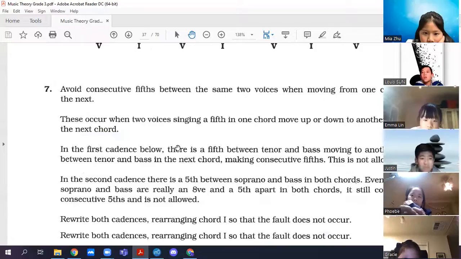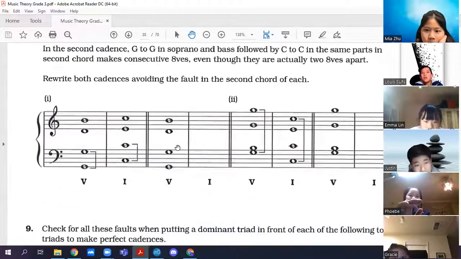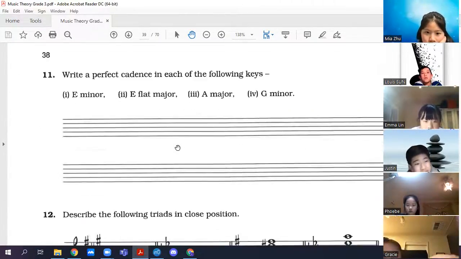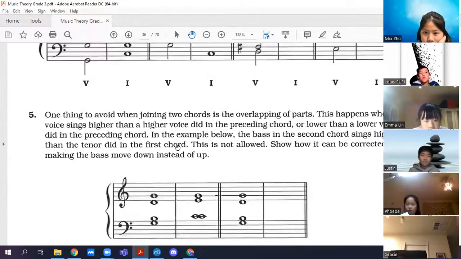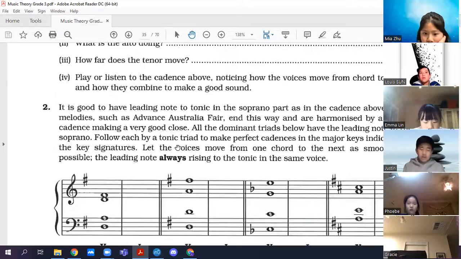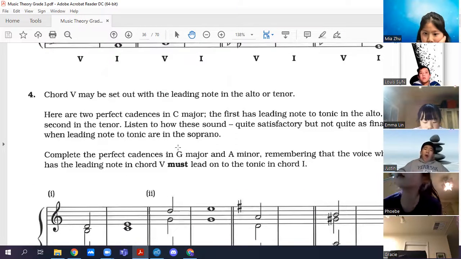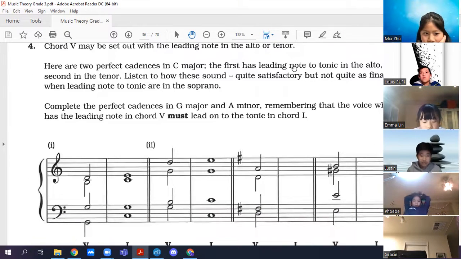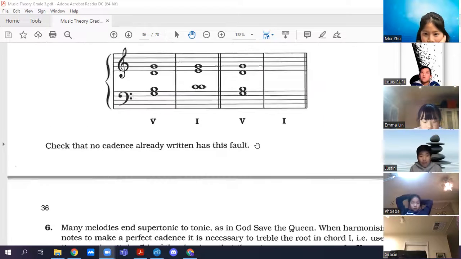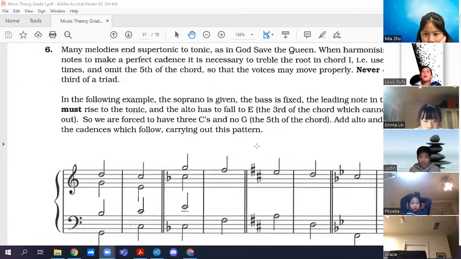So what you want, where is it? Right. You have to triple the root in the tonic triad when there is a supertonic to tonic pattern in the soprano.